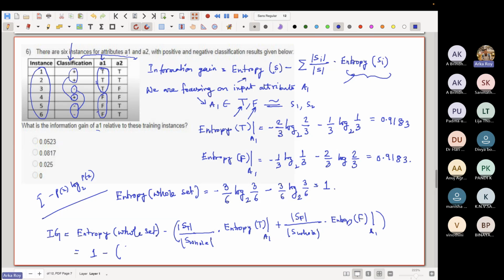So therefore, it is 3 divided by 6, and the entropy of T we have already evaluated, 0.9183.